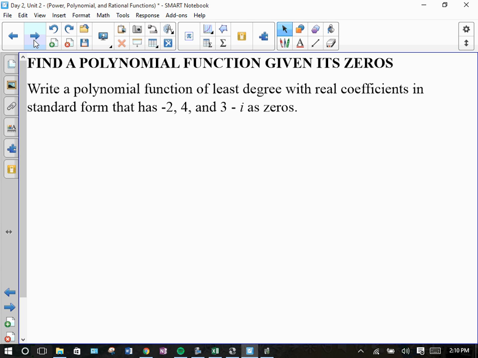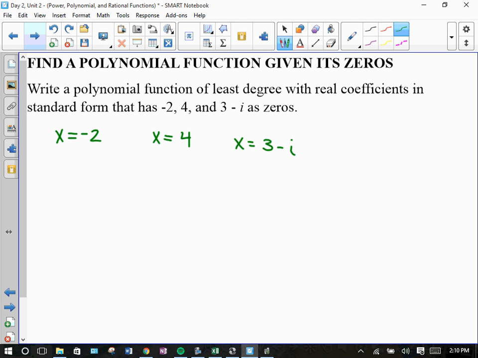All right. Now, in order to do this, we have to understand that when we have our zeros, we can write them as linear factors. So our zeros are x equals -2, x equals 4, x equals 3 minus i. It's an imaginary zero, so there has to be a second one.